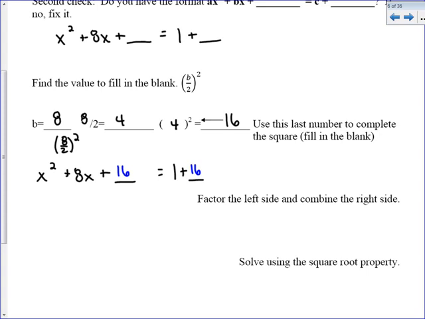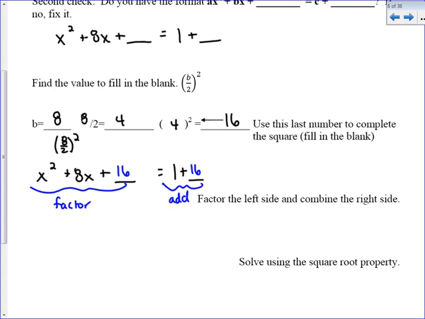So now, what else did we do with this x squared plus 8x plus 16 on Monday? Factor it. When I factor it, that's going to be the last step to get it to look like the problems from Monday. So we're going to factor the left and then combine the right.